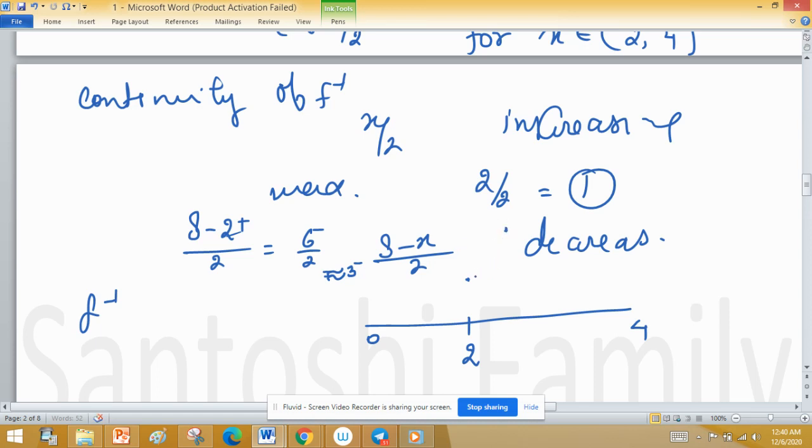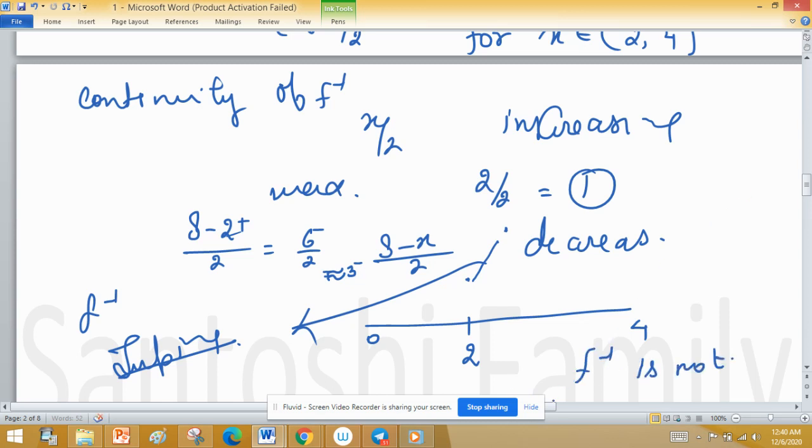So you can look here, these points are not in this function. It means this is a jump point, or jumping. So f inverse is not continuous. F inverse is not continuous.